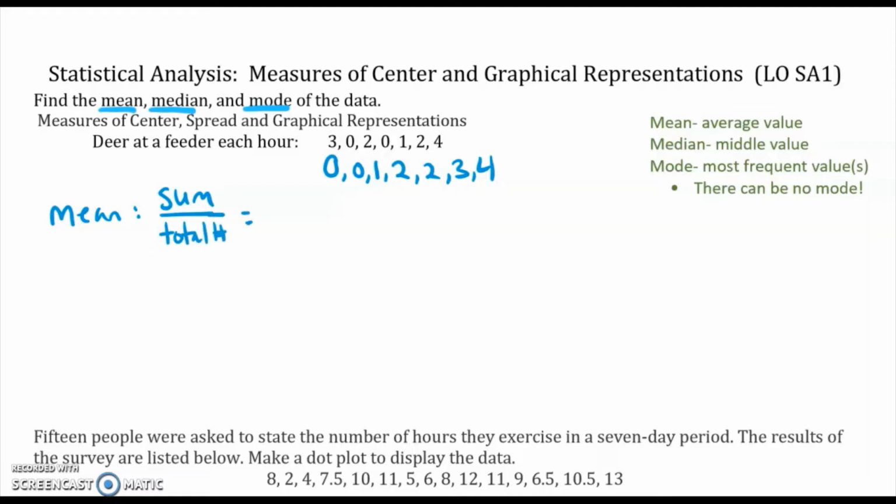In this case, we're going to add up 0 plus 0 plus 1 plus 2 plus 2 plus 3 plus 4, and then divide by the total number of values we have, which is 1, 2, 3, 4, 5, 6, 7. Okay, and then that will give us 12/7, which is approximately 1.714.